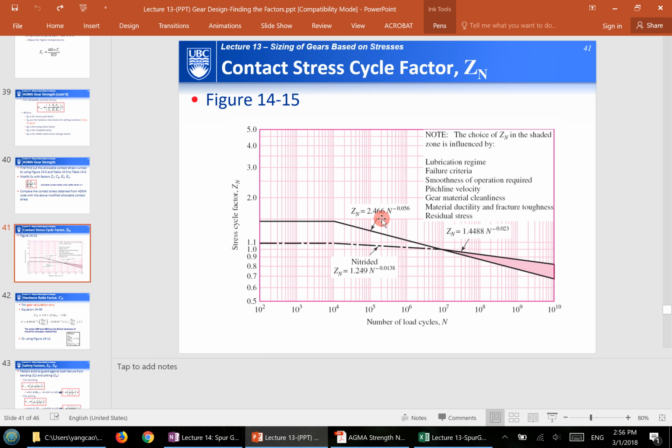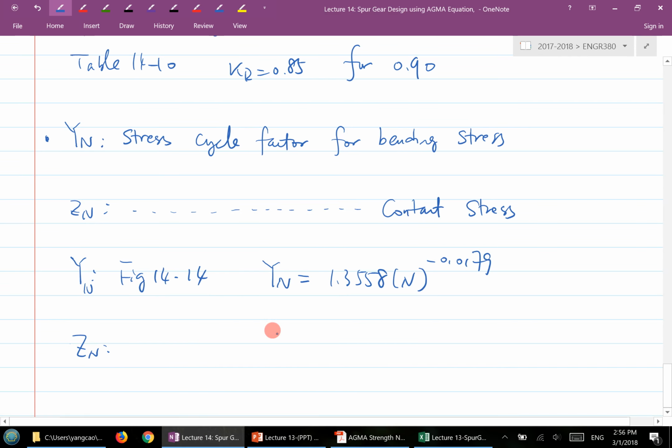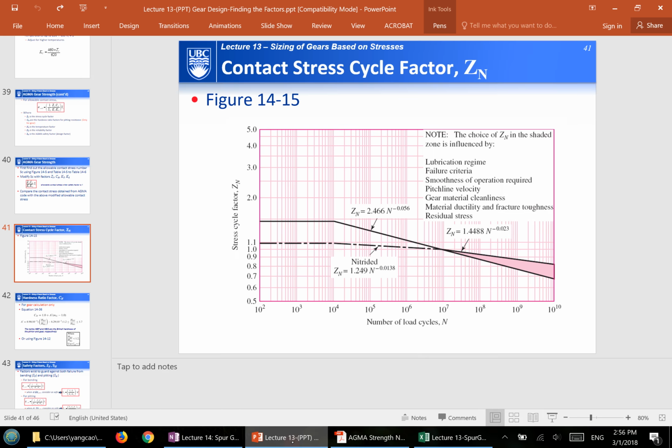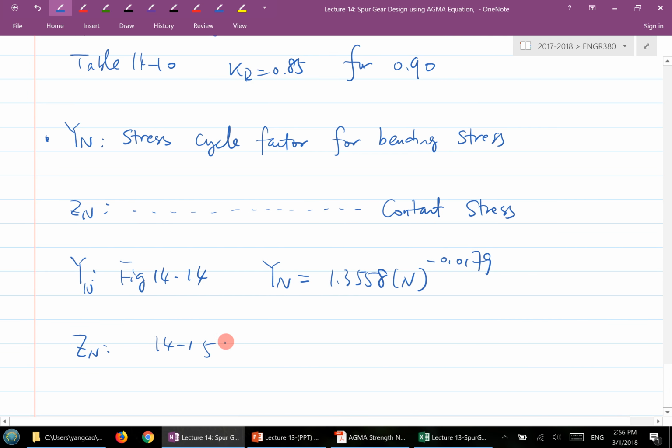One is this, one is that. So we'll choose the same thing, the top one here for calculating zn. So zn here is 14-15, and zn is 1.4488. That's how you calculate this zn.